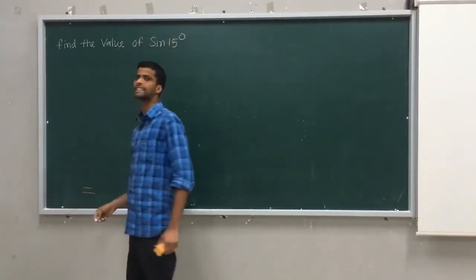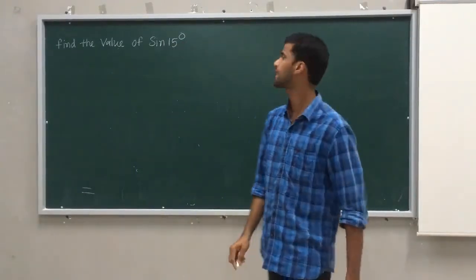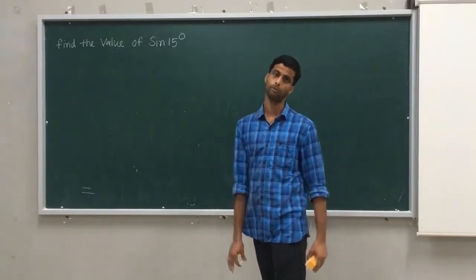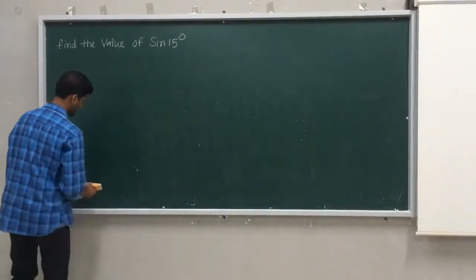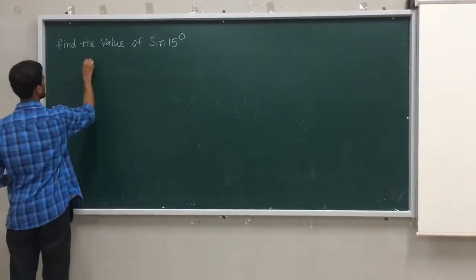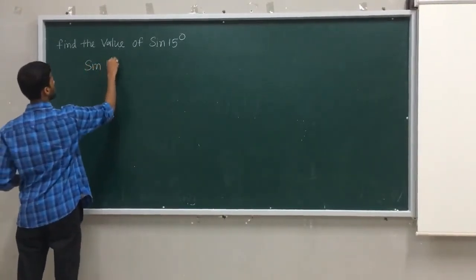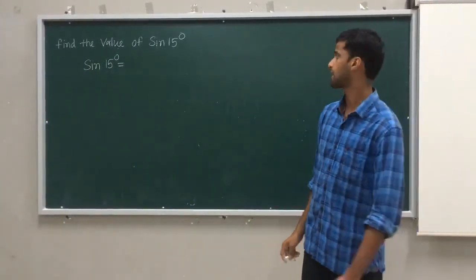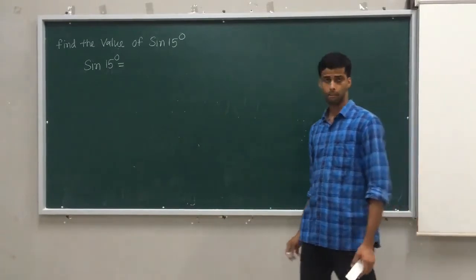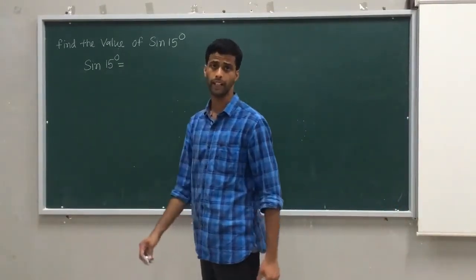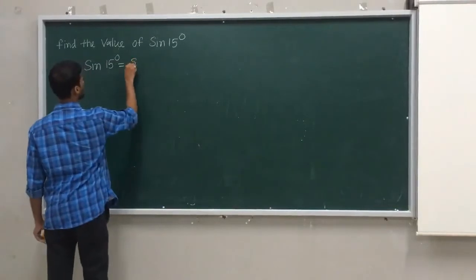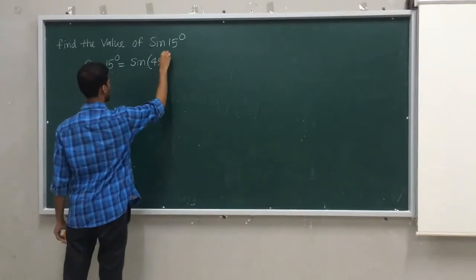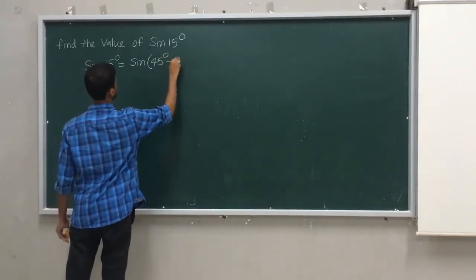So far we know sin 30 degrees, sin 45 degrees, sin 60 degrees. This one, how to find? We have to make use of formulas. Sin 15 degrees can be written in many ways. 15 can be written as 30 minus 15, or 60 minus 45. But let me use some convenient one. Can I write this in this way? 45 minus 30.